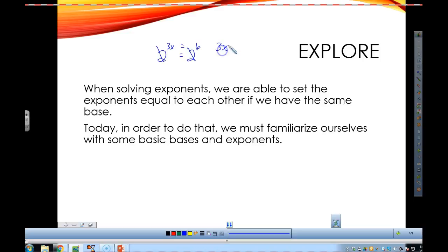So 3x equals 6, so x, when we divide both sides by 3, x must equal 2. So a lot of it is that easy. It all depends on us being able to get the same base on both sides of the equal sign. Then we can just set the exponents equal to one another.